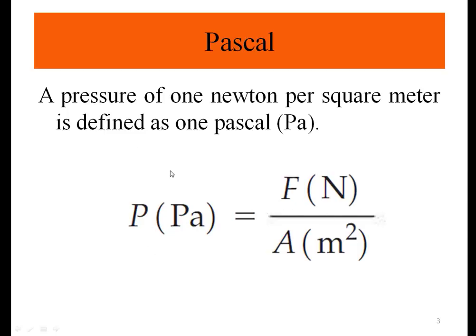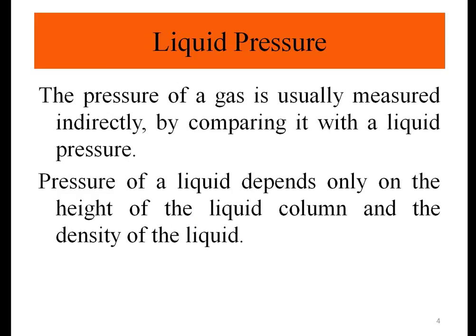So the main unit in the SI system for pressure is Pascal, which is force in Newtons per area in square meters. Since Pascal is a very small unit, usually in the SI system pressure is reported in kilopascal, and 1 kilopascal is equivalent to 1000 Pascal.